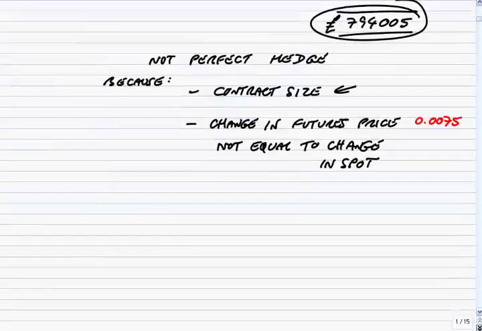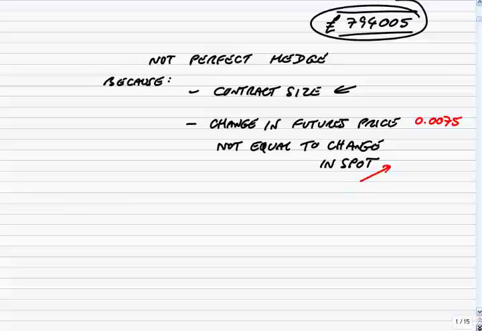But what about the spot rate? Look back at the question rather than me winding up and down the screen. The spot rate, it ended up at 1.5190. As of September, it was 1.5110. And so it changed by what? 0.0080.